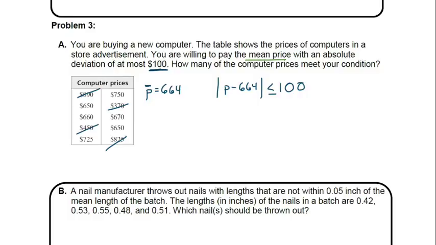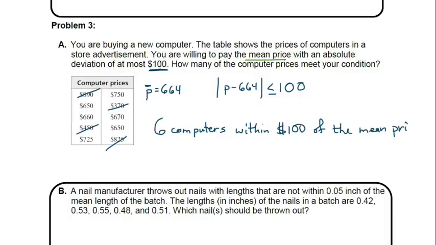There are 6 computers within $100 of the mean price. Okay? And that's how you do it.